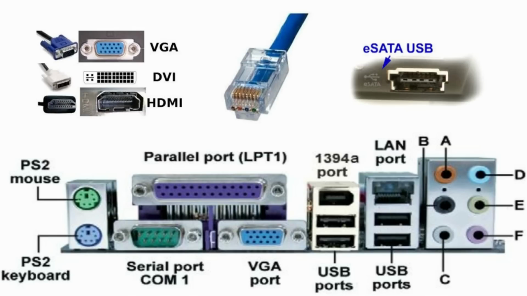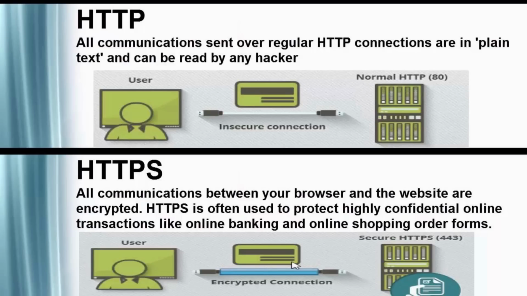What is the difference between port 80 and port 443? Port 80 is the standard unencrypted port of HTTP, the Hypertext Transfer Protocol, while port 443 is the standard encrypted port of HTTPS, the Hypertext Transfer Protocol Secure.